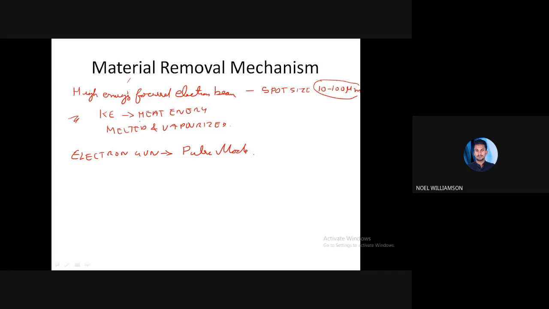By increasing the beam current, what happens?